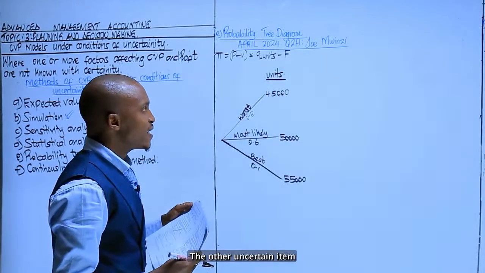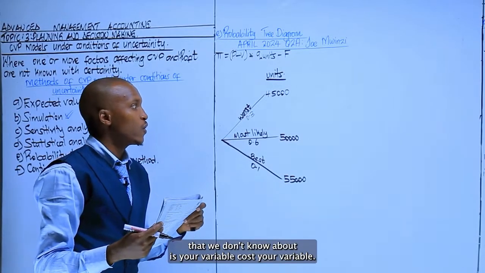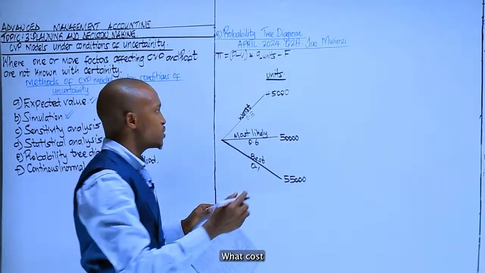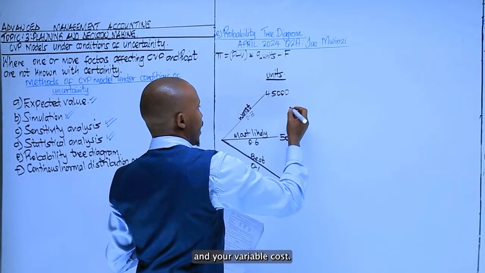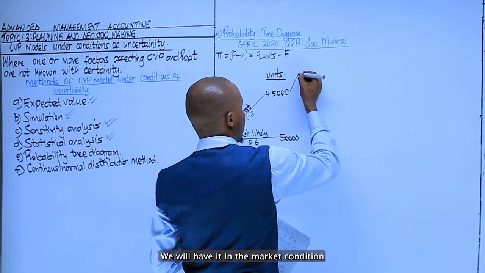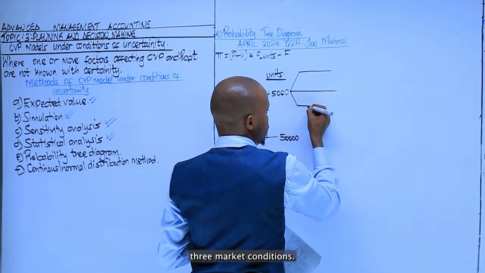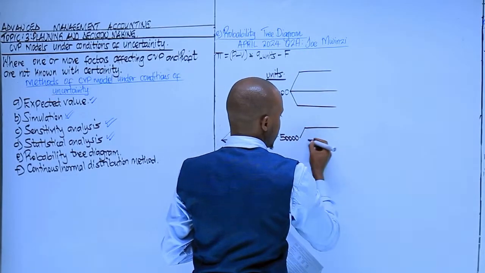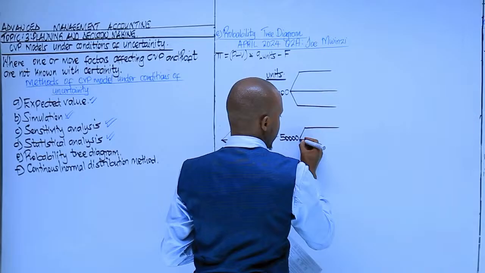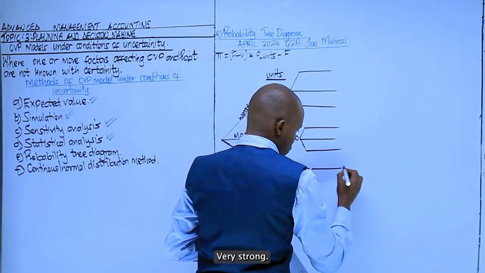The other uncertain item that we don't know about is your variable costs. Your variable cost, we will have it in 3 market conditions. Let's draw it nicely.